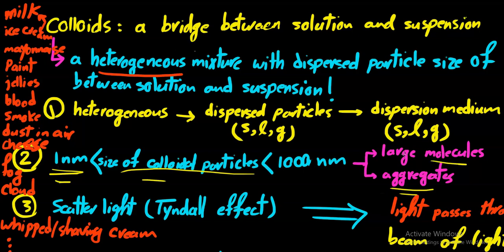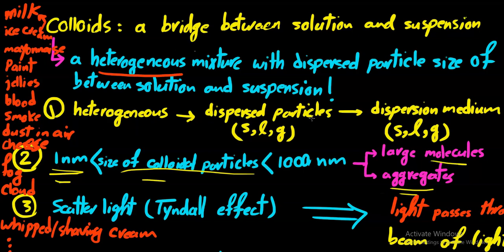So the particles are definitely larger than the size of atoms or molecules, but they are smaller than, for example, a piece of dust in water or a piece of dust in air. So they are not solutions, and on the other hand, they are not suspensions. They are colloids.